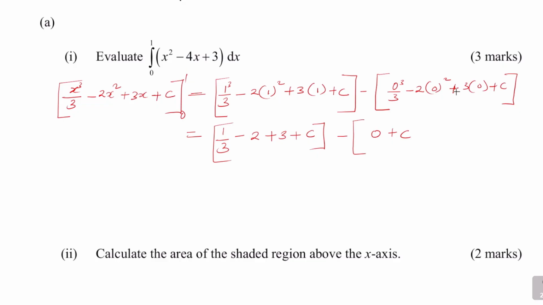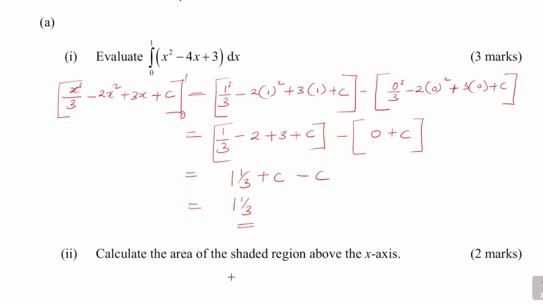From there, you shall have a third subtract 2 plus 3, which will give 1 and a third, then plus the constant. Then you subtract c when you open this bracket. So these will give 1 and a third, and that is the solution for that part.